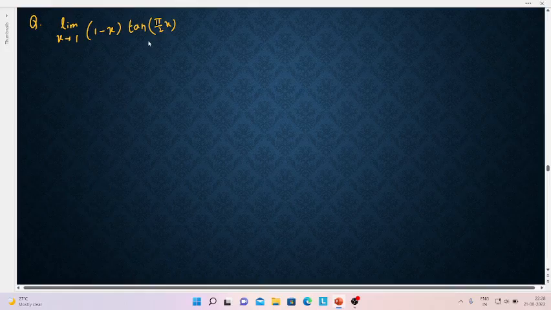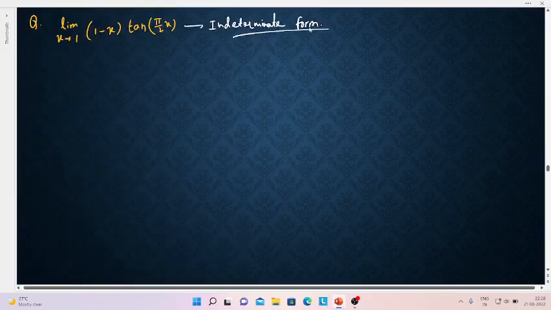And we know 0 times infinite is an indeterminate form, right? Indeterminate form. So if it is an indeterminate form, let me see that here x actually tends to 1, which is a non-zero value.